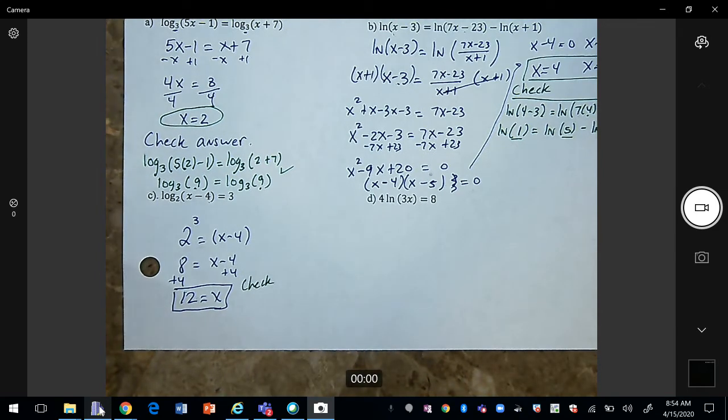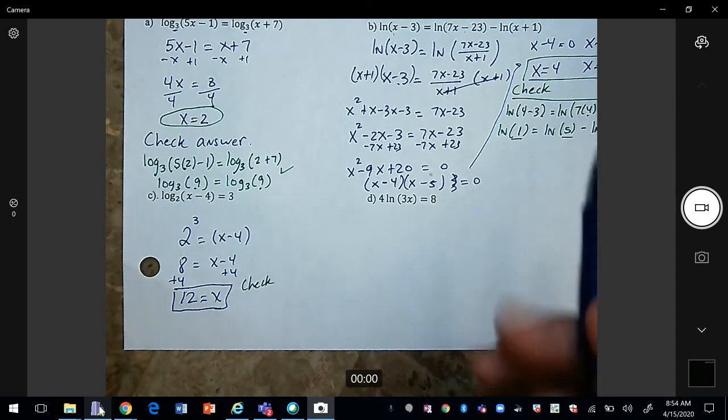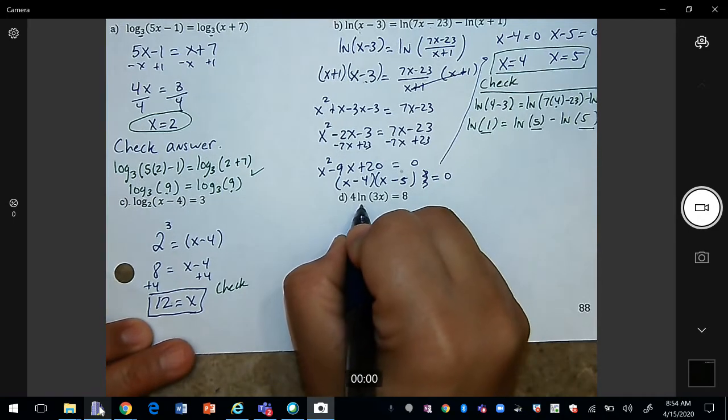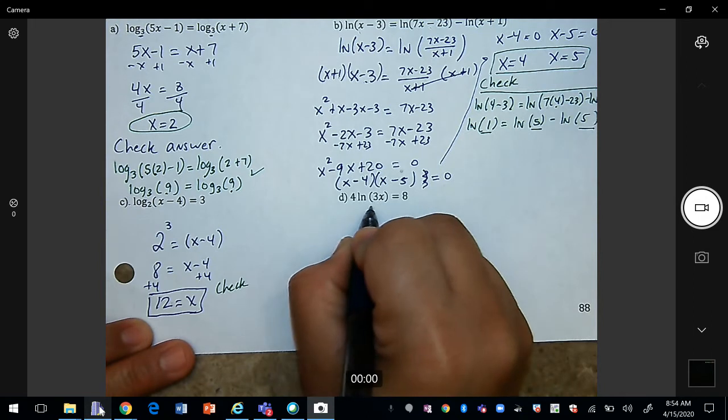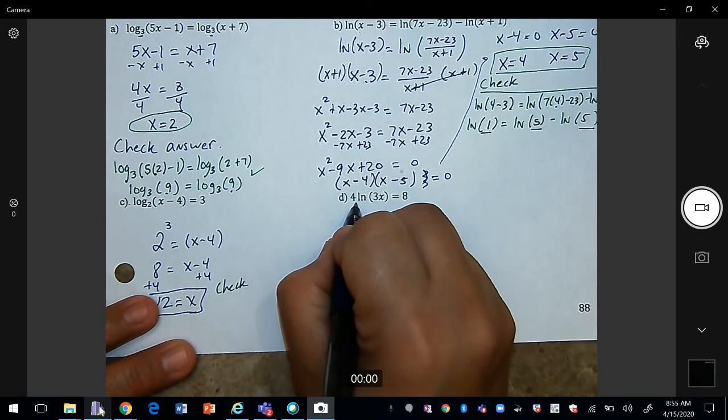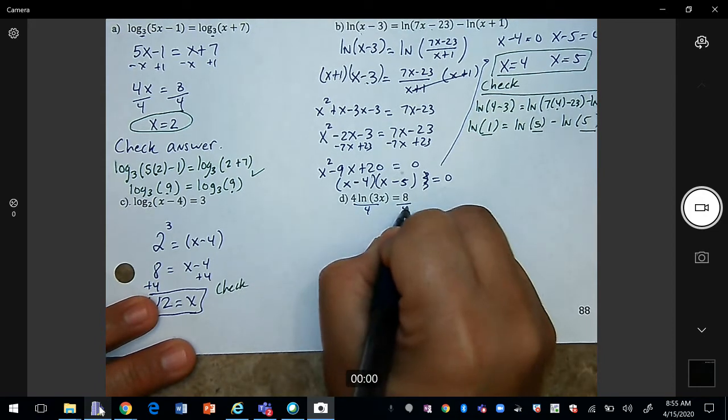Let's go ahead and try the next one, letter D. So here we also need to isolate the log before we can change it to exponential. So I'm going to divide by 4.